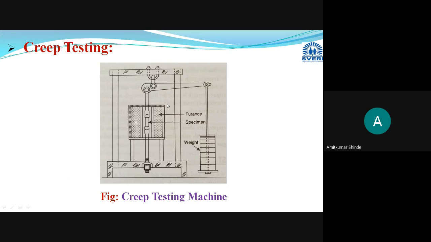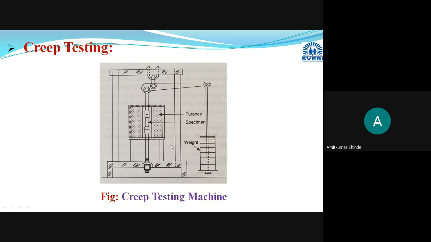Then with the help of a furnace, a constant temperature is maintained here, and with the help of a weight arrangement we apply the load and give some stress in that metal. We keep the temperature and weight constant, that is, temperature and stress are constant.